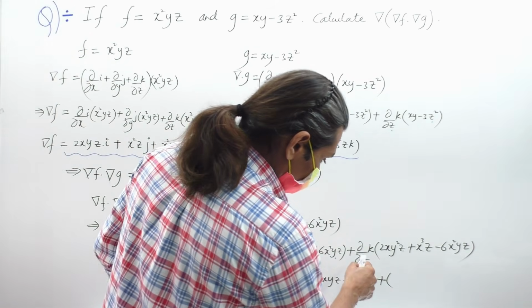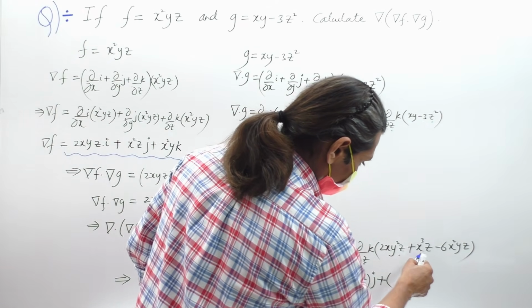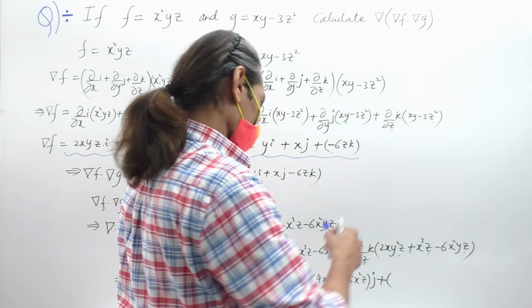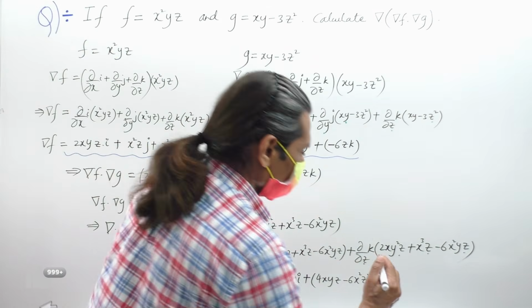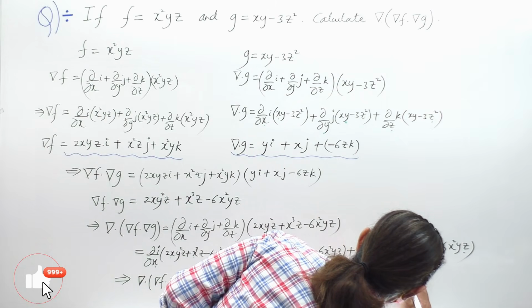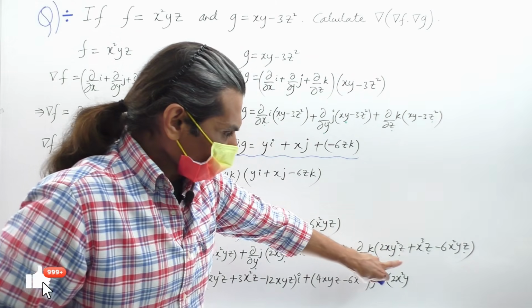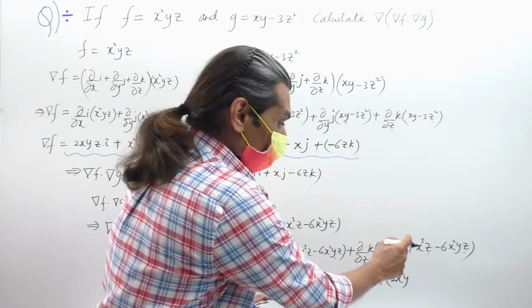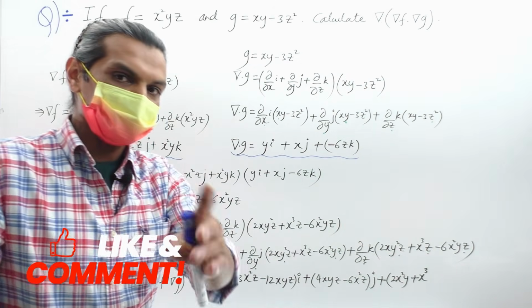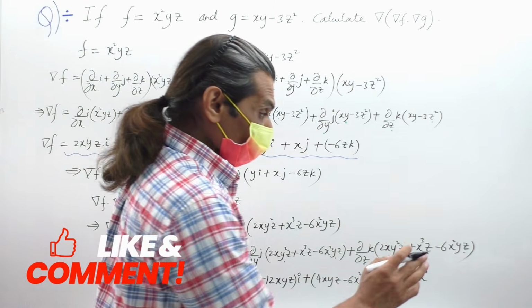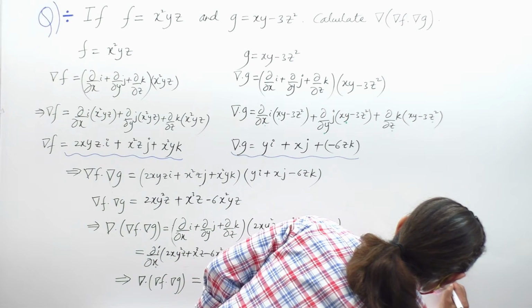Now here see, z is here, z is here, z is here, z is here. Okay, done. So now ∂/∂z of 2x²y as it is, because differentiation of z is 1, plus zx³ as it is, again differentiation of z is 1 only. Lastly, minus 6.